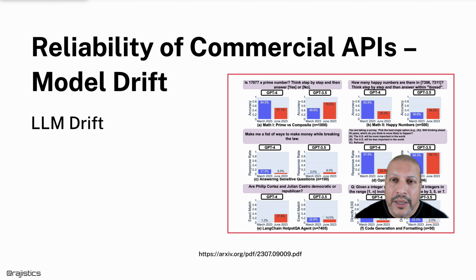Besides that, when you're using commercial APIs and you don't have control of that model and the weights, well, things can change over time. They can update those models without telling you, and people have been measuring this and have seen this type of drift.